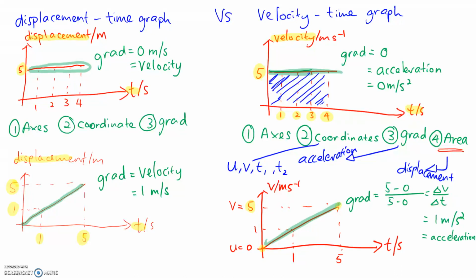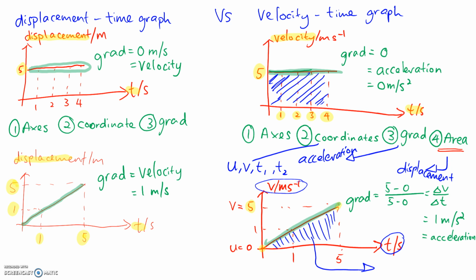And then of course, we can talk about the area under the graph. As we mentioned earlier, the area under the graph is the displacement. Why is it that this gives us the displacement? Because if we look at the axes, v and t, by multiplying these two, we can find displacement. Right? Displacement is your velocity times time. Okay?